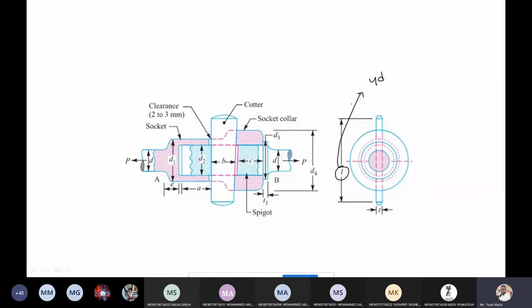Taper of the quarter is from 1 in 24 to 1 in 48. Now the clearance, for this one and this one and this one, we have to take from 2 to 3 mm.